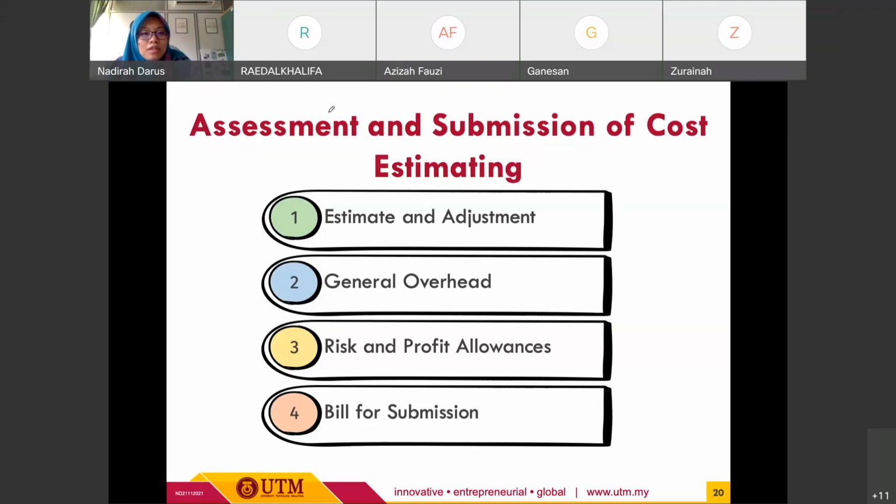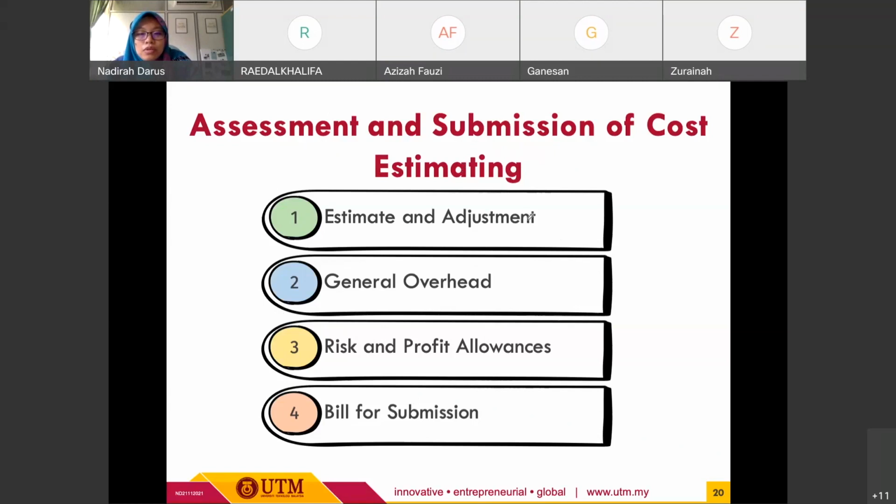Okay. So the next subtopic we have is assessment and submission of cost estimating. This relates to how the related parties do the assessment and checking of the cost estimation. These four elements include estimate and adjustment.